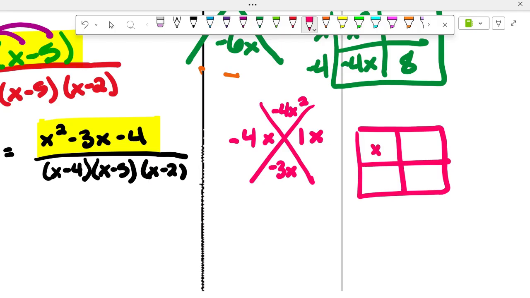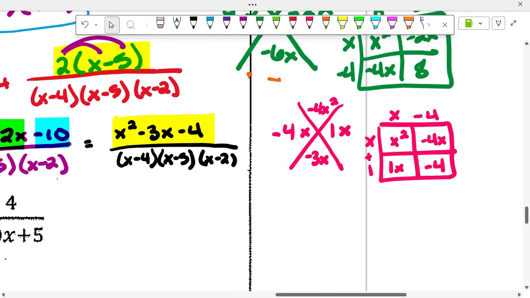I have x squared, minus 4x, 1x, and negative 4. GCF of the first row, x. GCF of the second row, 1. First column, second column, negative 4.